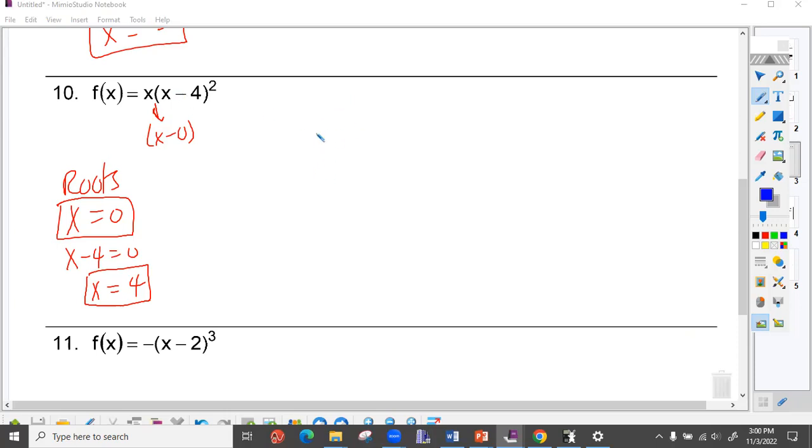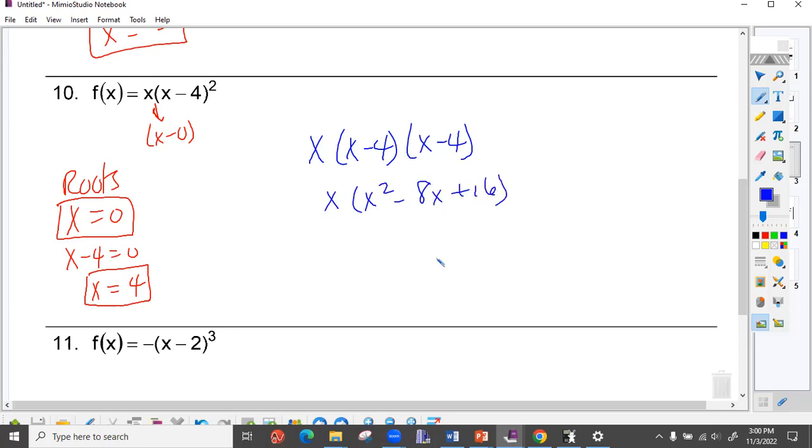Okay, so expanding this, the power tells me that I have 2 of these. I have x minus 4 times x minus 4. How you distribute is up to you. You can FOIL first, you can distribute the x first, and then FOIL. It does not matter as long as you get through the multiplication, okay? I'm going to FOIL first, so I'm gonna get x squared minus 8x plus 16 after FOILing.